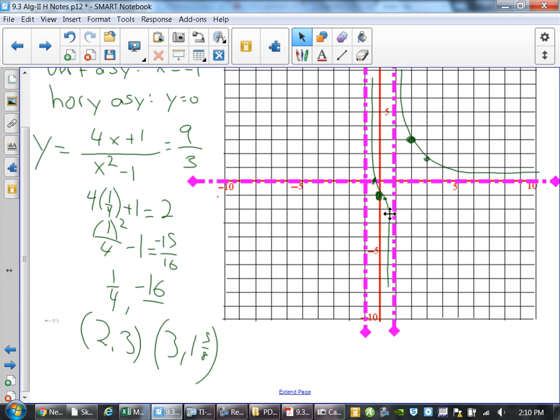What's that? Yeah. I'll ask you for a couple points on either side. Now remember, a lot of these are goofy. Some of them are pretty clean. If I use -2, I get -8 plus 1 is -7. So I have -7 over 3.